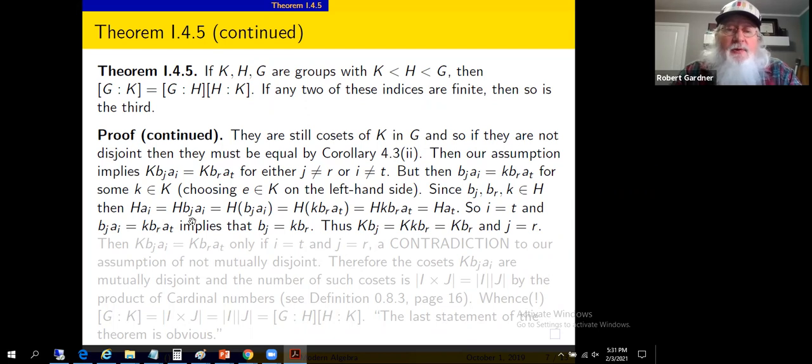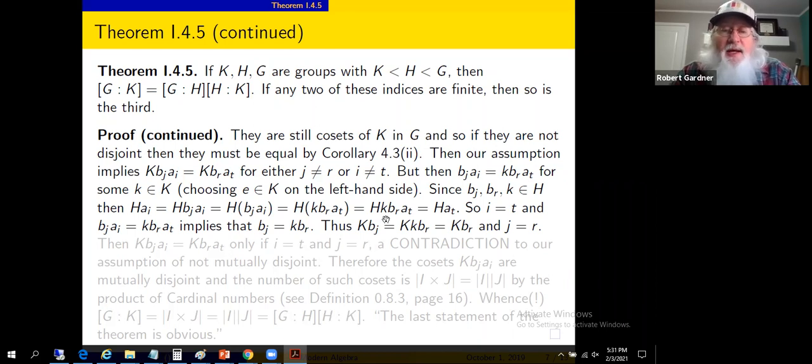We're saying these two sets are equal. We could bracket off using associativity element-wise and the meaning of these symbols. And now we've got a B sub J A sub I here. Well, B sub J A sub I, we've deduced under our hypotheses, equals K B sub R A sub T for some K. So we're making a substitution there. For the B sub J A sub I, we're substituting that quantity, K B sub R A sub T. All right, let's drop the parentheses.